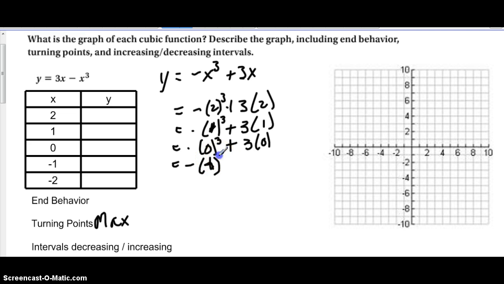Negative (negative 1) cubed plus 3 times negative 1. And negative (negative 2) cubed plus 3 times negative 2.